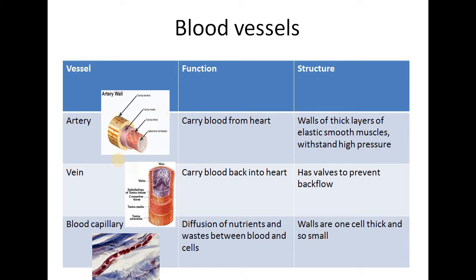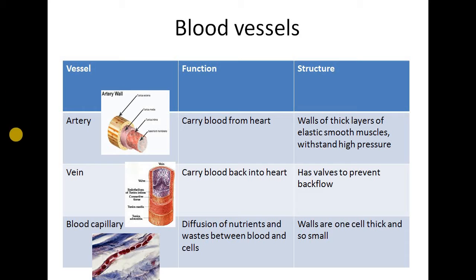Now the artery walls are thick, okay, as this figure shows you. Why? So they can handle this blood pressure, because the blood is pumping from the heart into the arteries. That's why we need the artery walls to be thick.